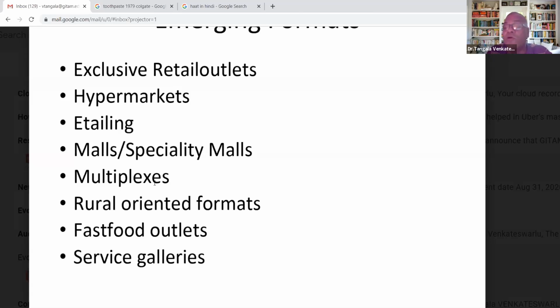And to reduce costs, nowadays you can see 2-3 companies coming together and opening up a common service gallery. Suppose LG and Panasonic have come together to open a common service station. So both Panasonic and LG products will be serviced at that place.